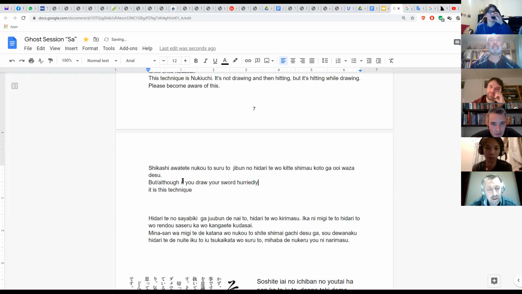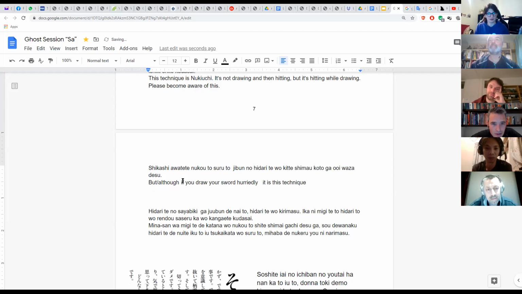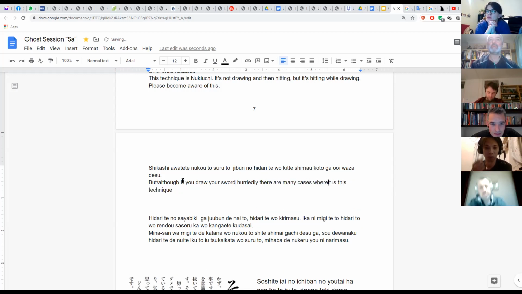Many times you will cut your left arm. Yeah, exactly. So it's something like there are many cases where you would cut your left arm in this technique. Oh, okay.